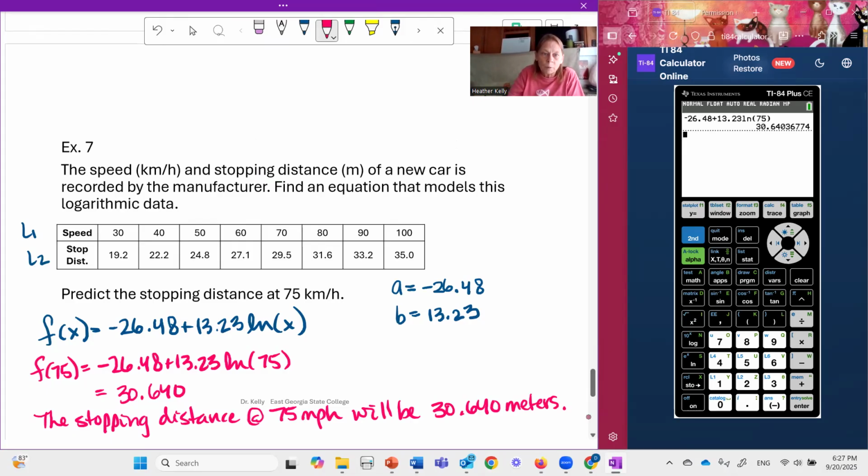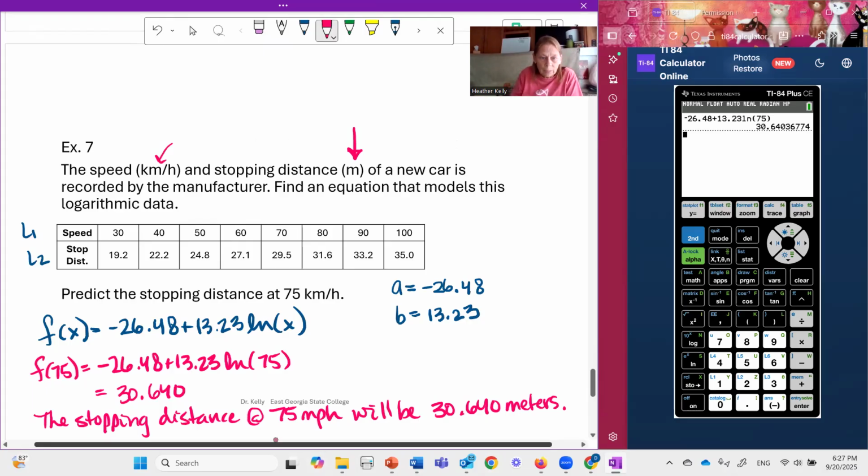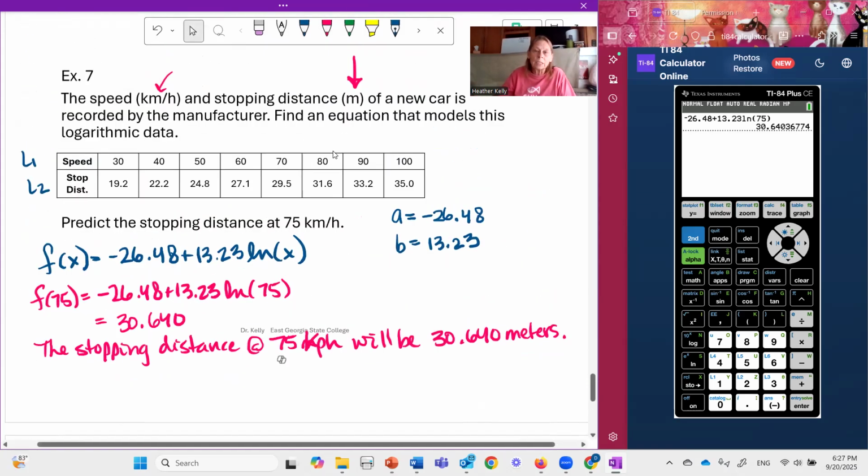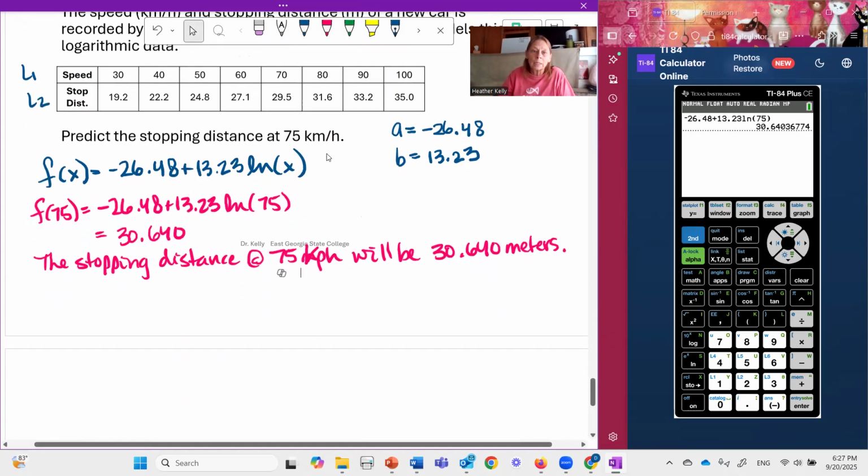And I know it's meters because we're doing kilometers per hour. So that would be kilometers per hour. All right, looks good. I have been teaching for many hours today.